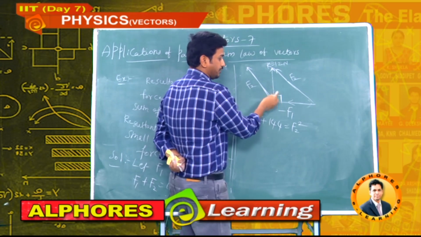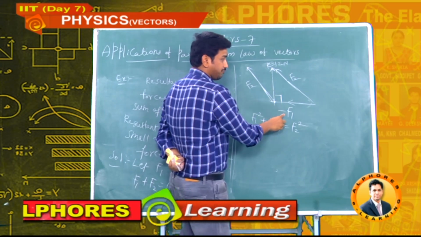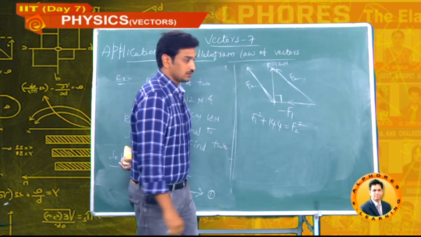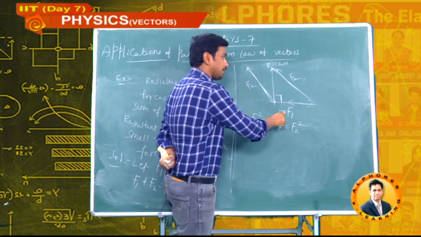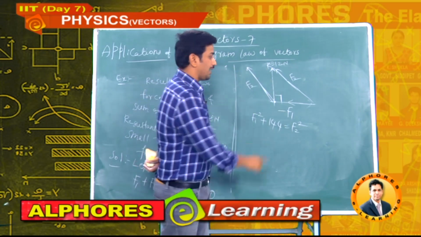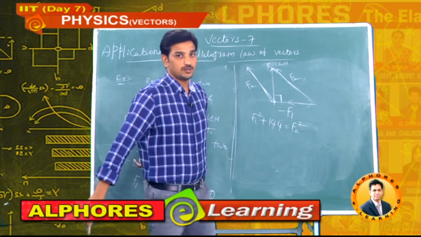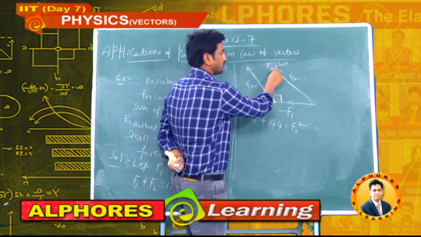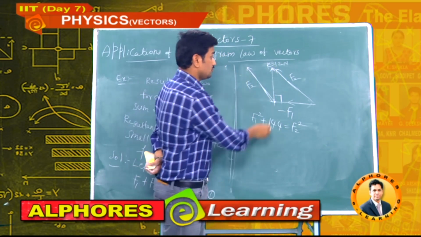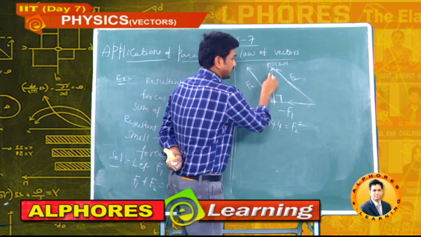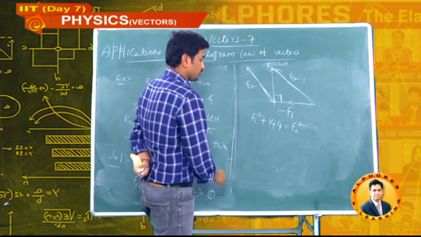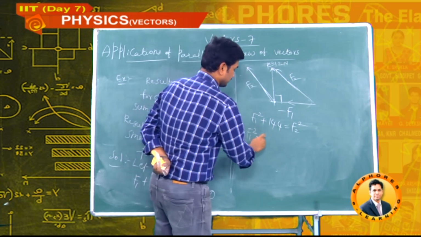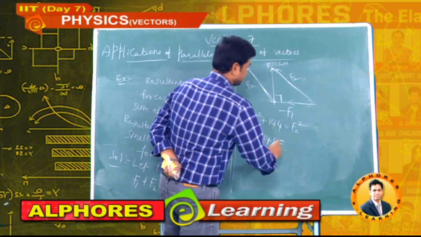The resultant of these two is minus F1 bar plus R bar. The magnitude of the resultant is root of F1 square plus 12 square. In this diagram that resultant is F2. Simple substitution: F1 square plus 144.